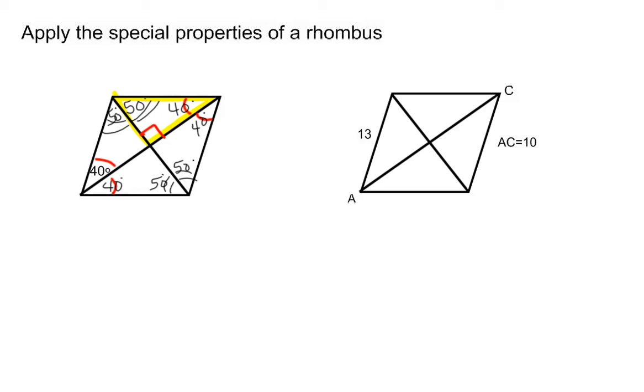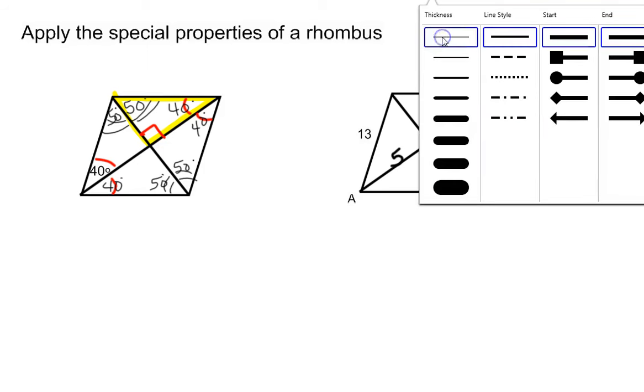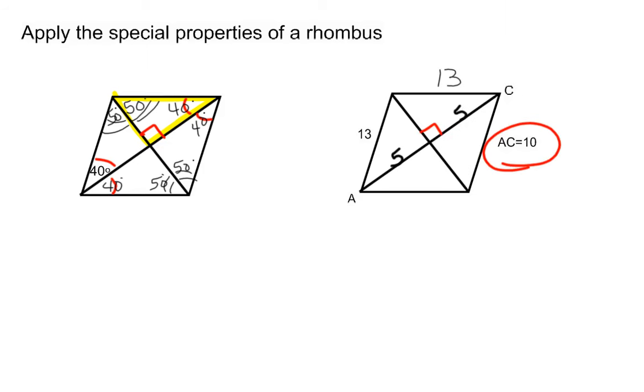Now, we can also use our special properties to help us find side lengths. Okay, I know it's a rhombus. I know that makes a right angle. They have told me that AC is 10, which is this whole diagonal. Well, because it's a parallelogram, I know that the diagonal is bisected, which means that's 5 and that's 5. Well, how can I find the other sides? First of all, if you think about it, it's a rhombus. That means all the side lengths are the same.